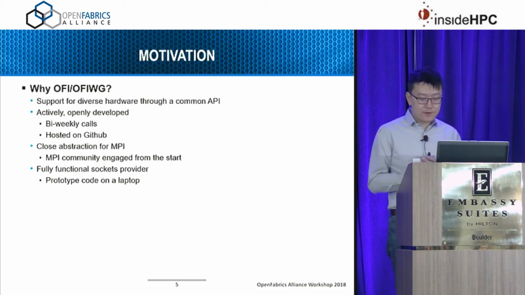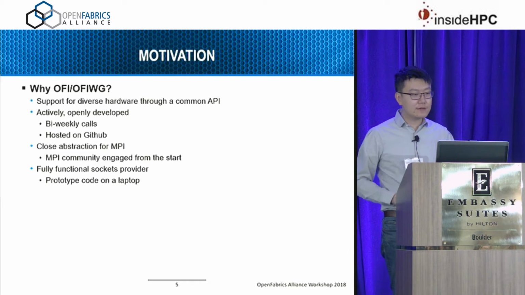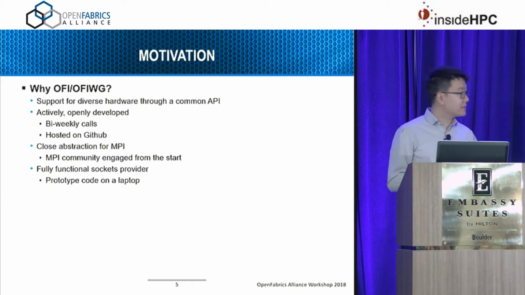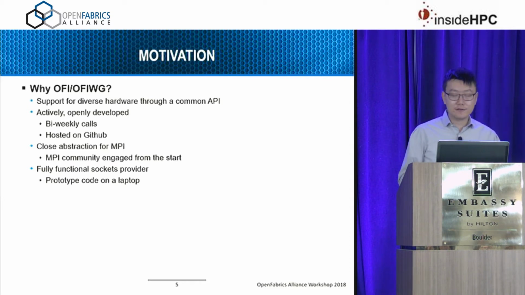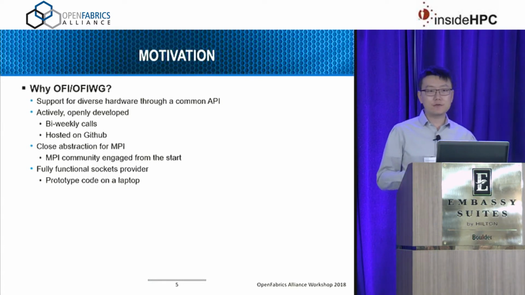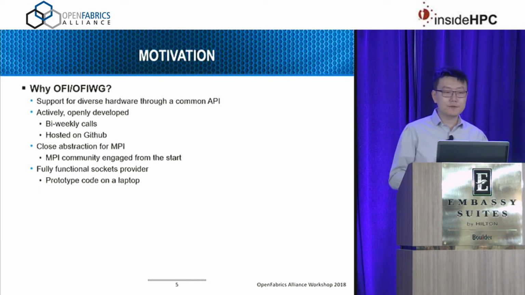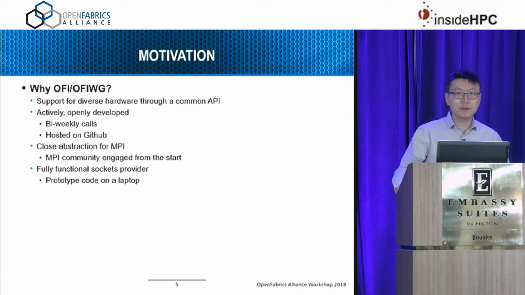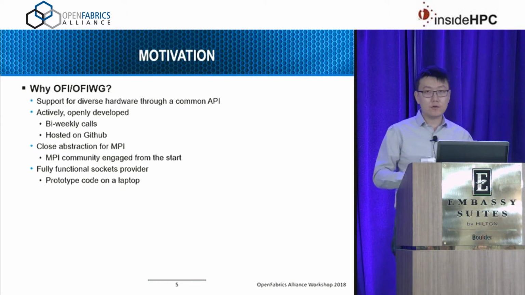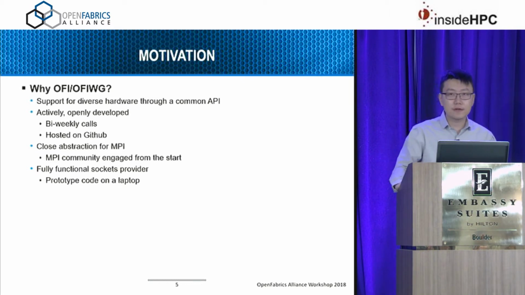The main reason behind this transition is, if we look at some of our old implementation, like the CH3 device, back then we were trying to implement all the communication features and support different network hardware by introducing different netmods.